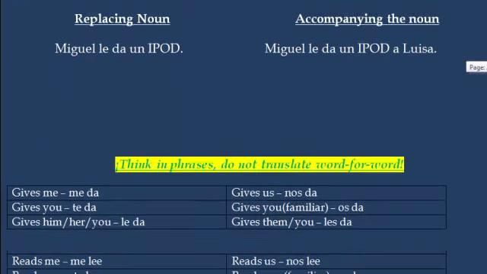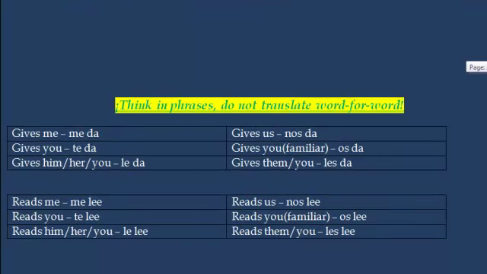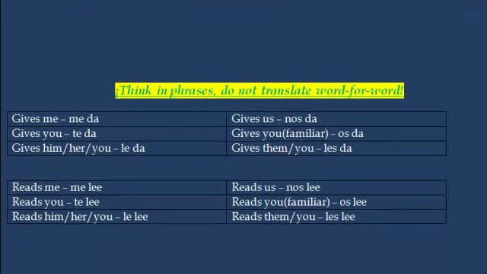Now, to keep in mind, you want to think in phrases. You don't want to translate word for word. So we have the verb give, which is dar. Gives me is me da. Gives you, te da. Gives him, her, or you formal, le da. Nos da is gives us. Gives you, which is familiar, os da. Gives them, or gives you all, is les da.